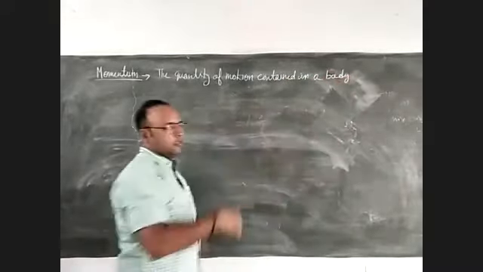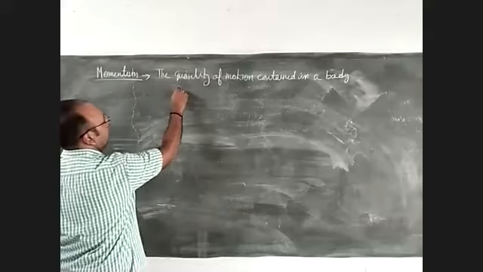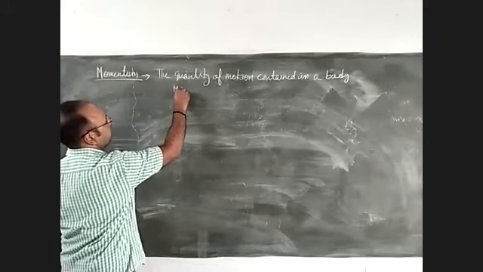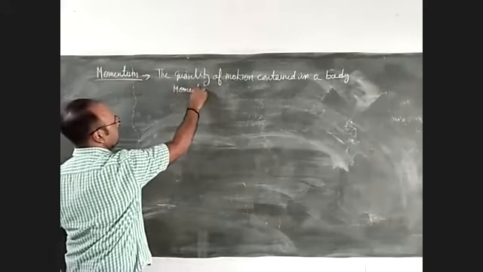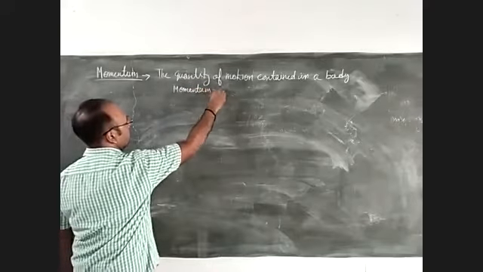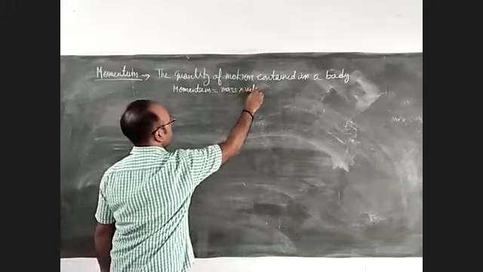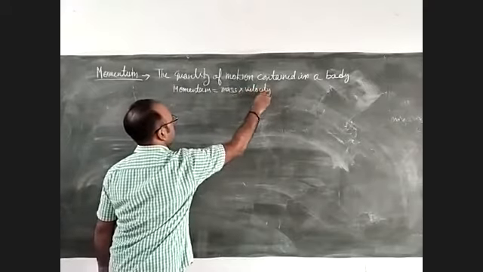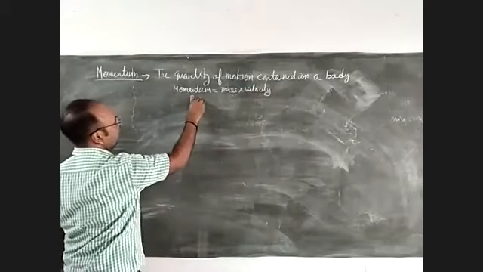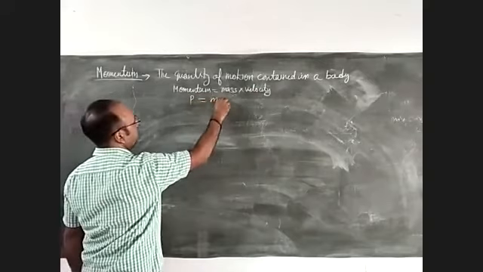This is known as Newton momentum. The quantity of motion means momentum can be written as P is equal to mass into velocity, right? And it is denoted by P, and mass is denoted by M, and velocity is denoted by V. So this is the formula for momentum, that is mass into velocity.